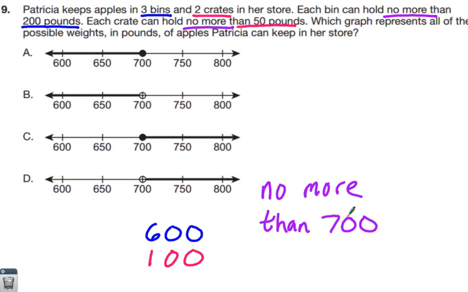So we could have 700 or less. The words "no more than" mean you could equal 700. That's just the English language, right? So graphically, it looks like we can include 700 with a solid dot, but we could also have potentially less than 700, so the final graph ends up being A.